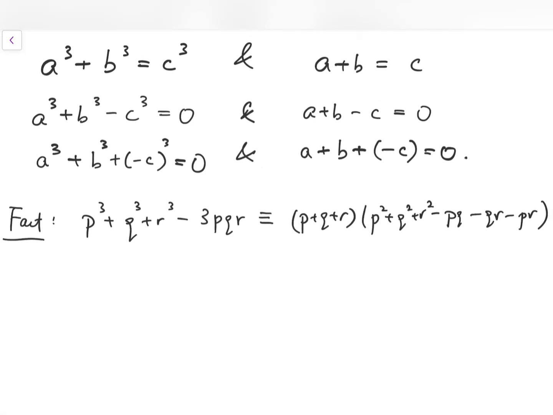If you want to prove that this fact is true, you just have to expand the right side and simplify, but I'll just omit it in this video.